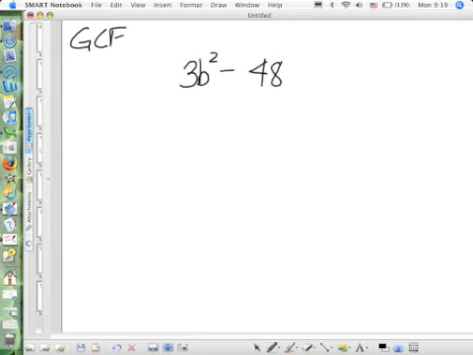It's not prime. First, look for a greatest common factor. Well, 3. 3 goes into 3 and 48. And you keep going. Yes, you can.